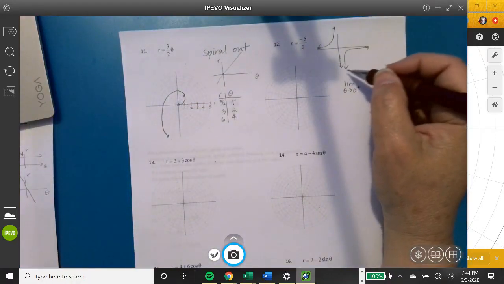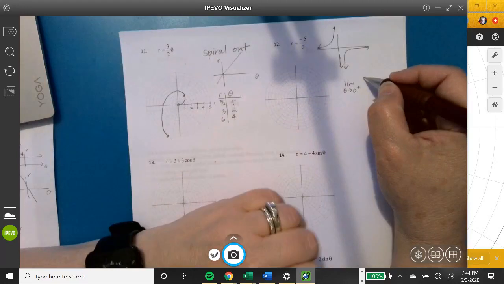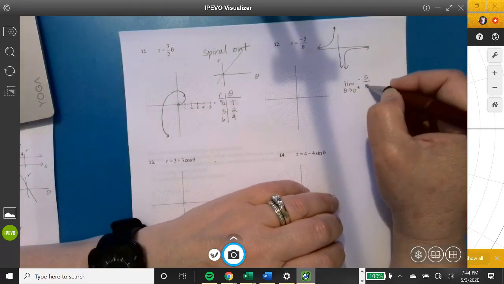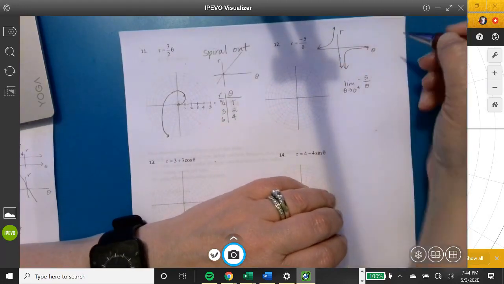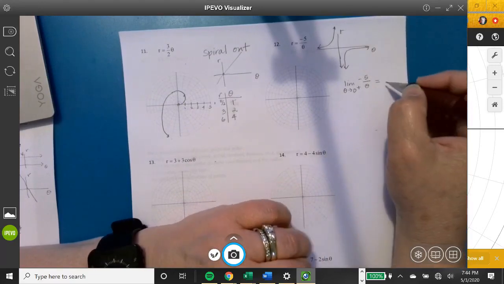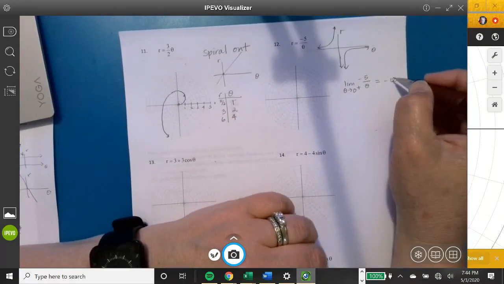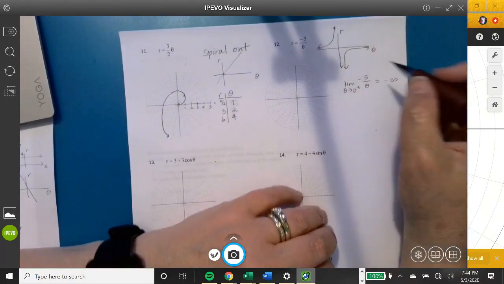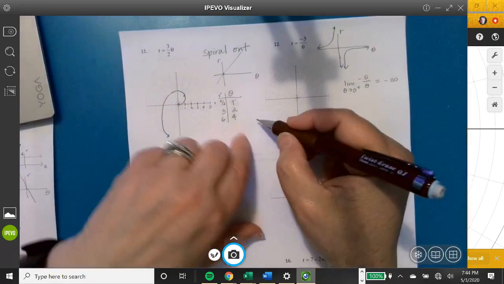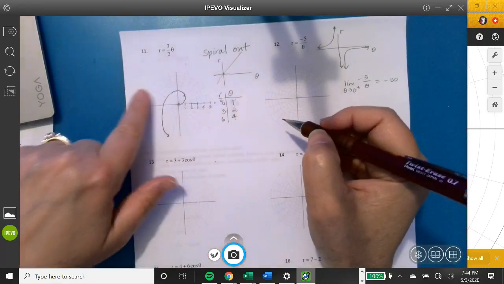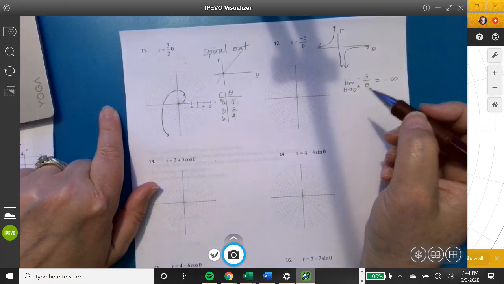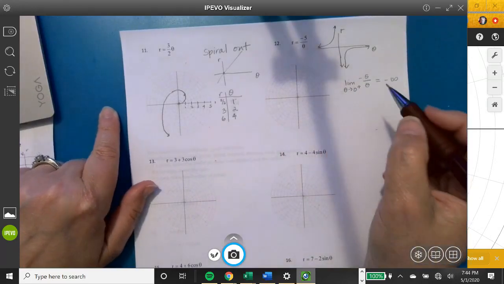What's R going to be close to? Remembering that this is R and this is theta, this is approaching negative infinity, which means it's way out here. And then it's going to spiral in.